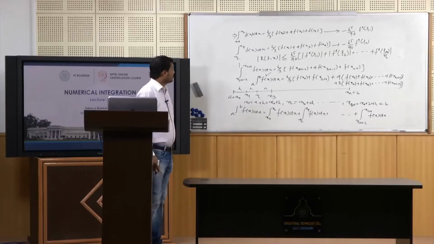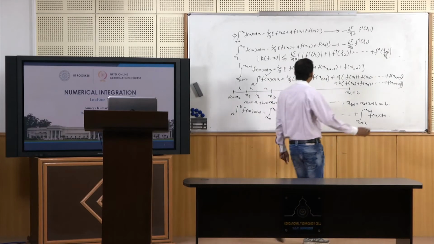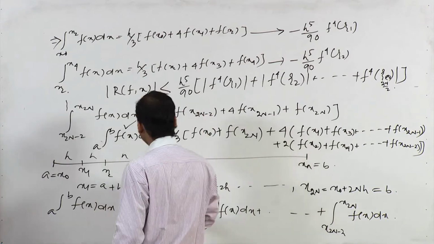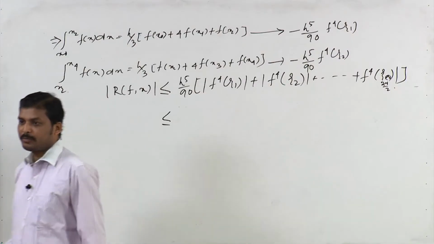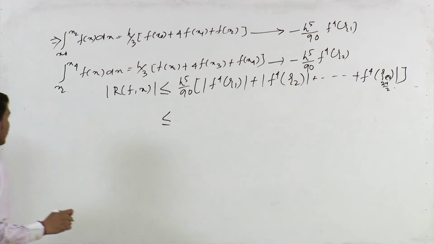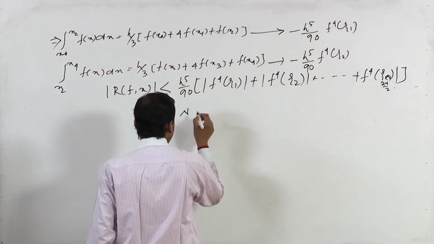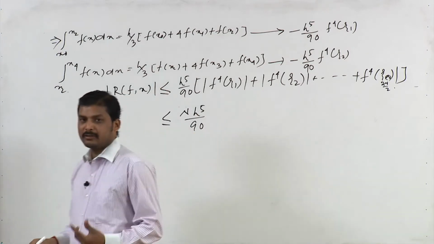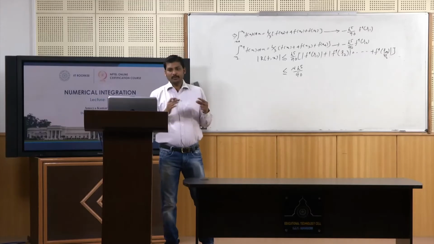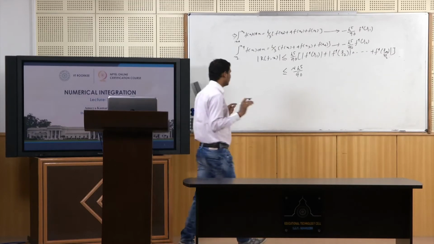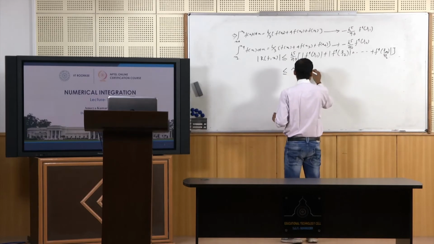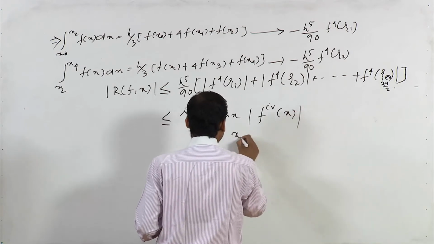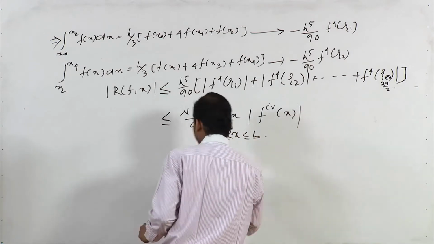So if we consider all these terms at a time, it can be written as less than or equal to n h to the power 5 by 90, times the maximum error occurring between a to b for this f4 of x. We can write the maximum of f to the power 4 of x, where x lies between a to b.